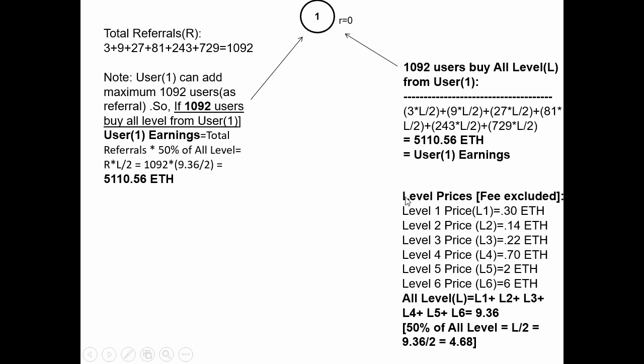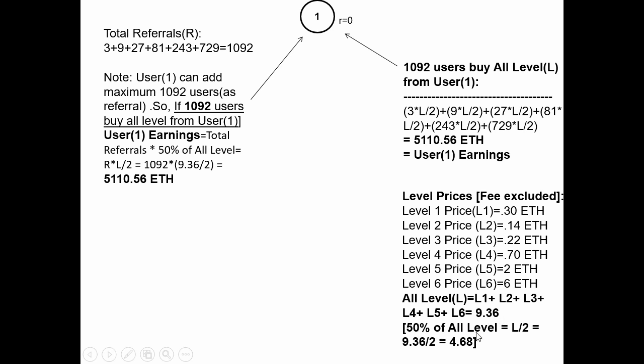Let's prove it. Here you can see level prices, level 1 price, level 6 price, 6 Ethereum. And all level price, that means level 1 plus level 2, just add all these numbers here, and it is saying 9.36 Ethereum.